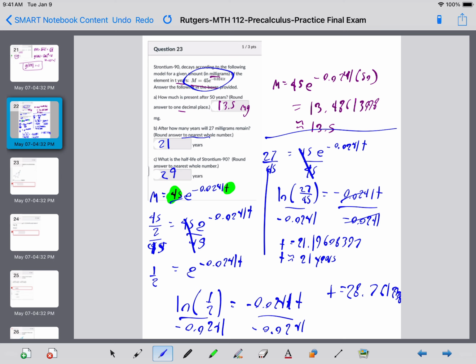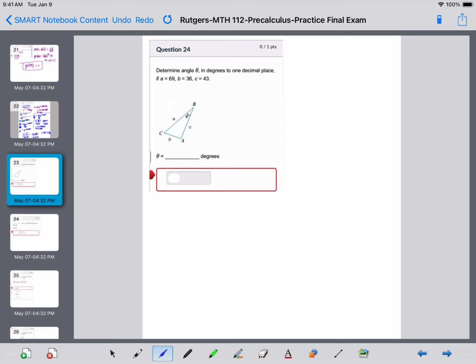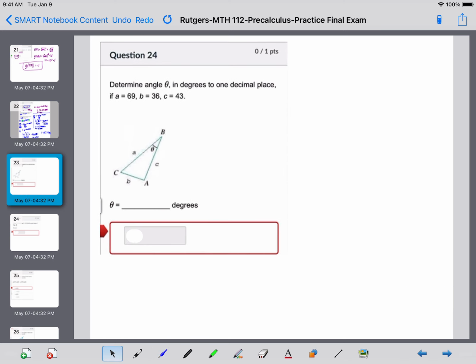Okay, so now question 24. You're given A, you are given B, you are given C, and that's all you're given, right? So if you're given side, side, side, you're not given an angle, you're going to have to use law of cosines.